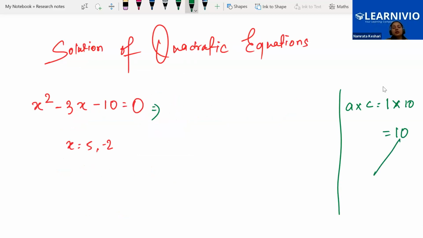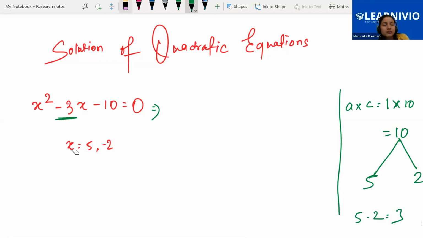We will try breaking this 10, splitting this 10 into such numbers that those two numbers added or subtracted together will give us 3. We understand that 5 into 2 is 10, and when we do the subtraction of 5 and 2, we will be getting 3. But here we are not expecting 3, we are expecting -3.